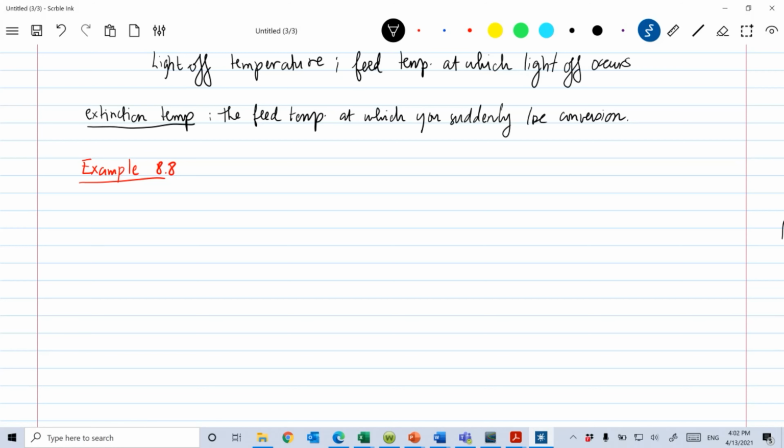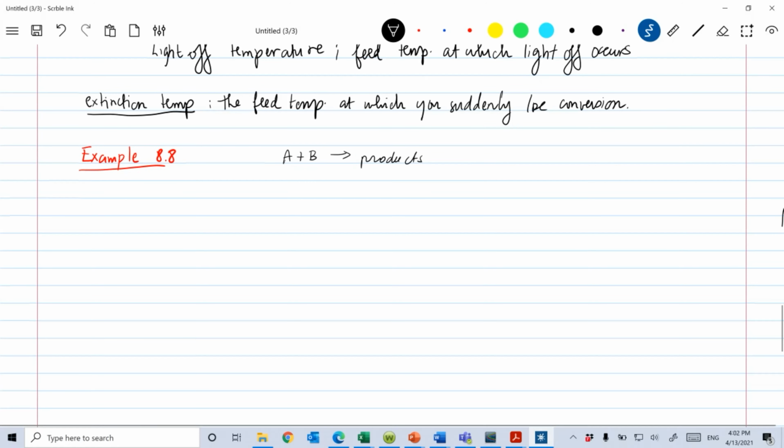So the example 8.8 in the book, in few words, is about a simple reaction where A plus B goes to some products that we're not told about. It says it's an ideal CSTR.